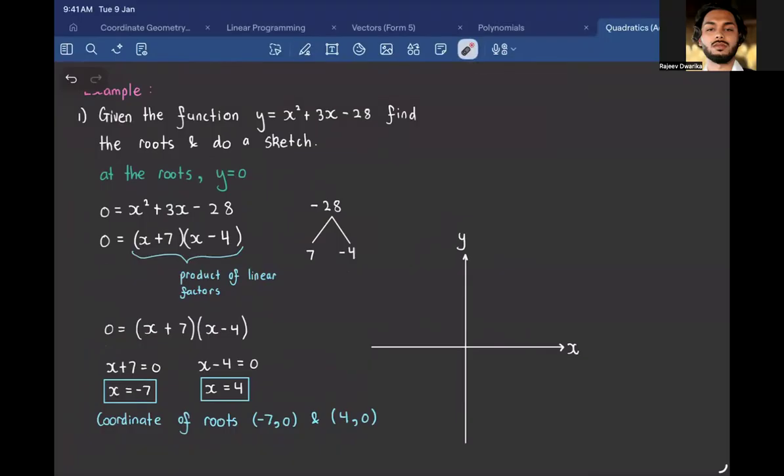According to what we just found out, it would pass through -7 and +4. So our graph would look a little something like this.